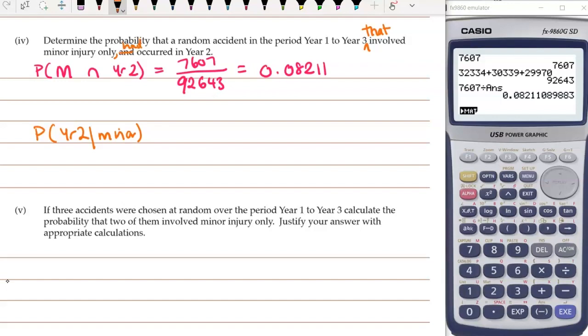So that's setting up a condition first, whereas the question as it's printed is actually saying that we want to pick one that just involved minor injury and it occurred in year 2. This question has not been written to provide a conditional probability, which is why I slightly disagree with the answer that's in the book and think you should do it in this pink way.